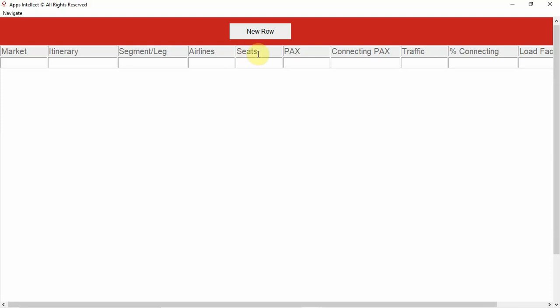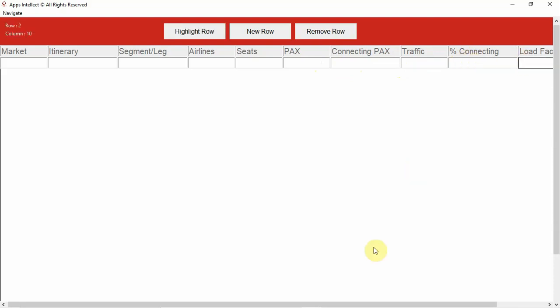Then there is seat, that is the aircraft capacity carrying passengers on this route. Then the number of actual passengers boarding this flight. If there is a connecting route, there could be connecting passengers. Number of passenger traffic would be the total of all these passengers and connecting passengers.